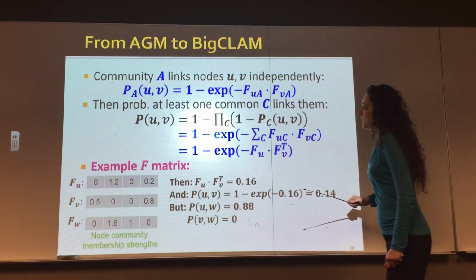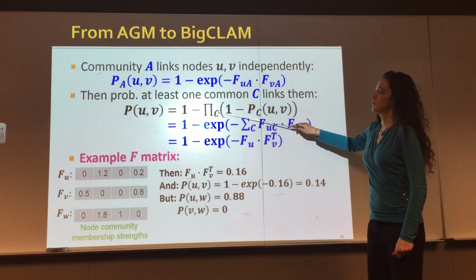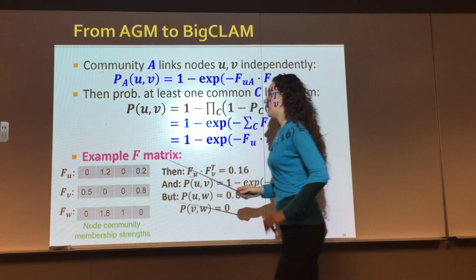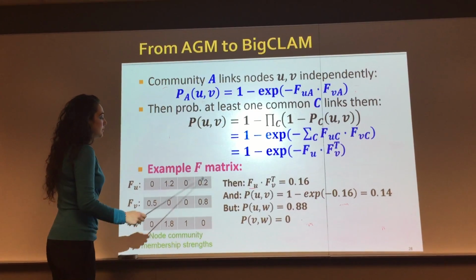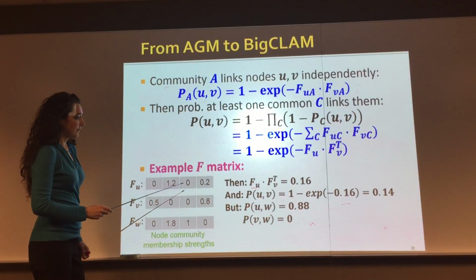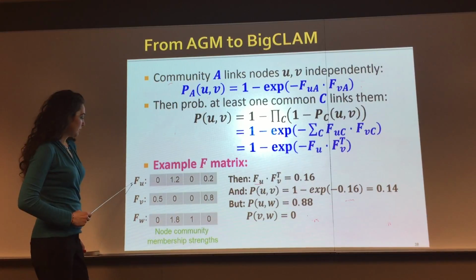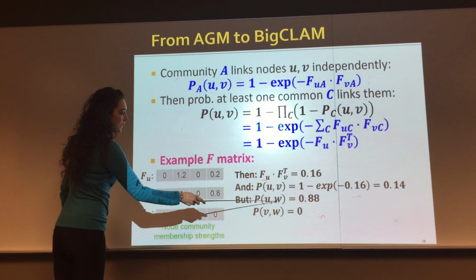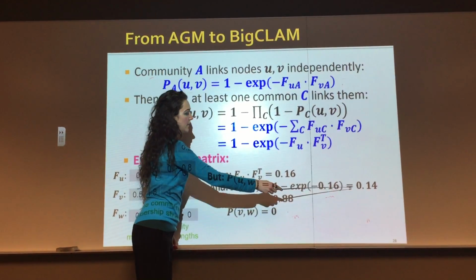For example, we simplified the formula. This is for a single community. That's for all of the communities, taking products for all the communities that they belong to. And here in the columns are the communities, community A, B, C, and D. And we gave the likelihood for each pair of nodes, U and V, U and W, and V and W. The first one was 0.14.